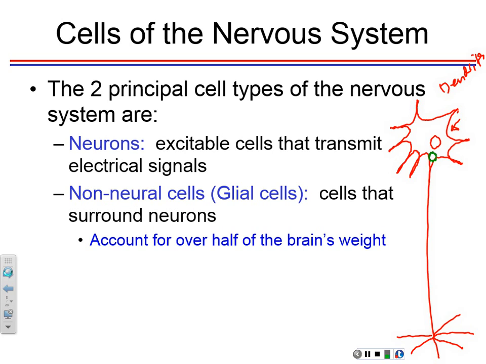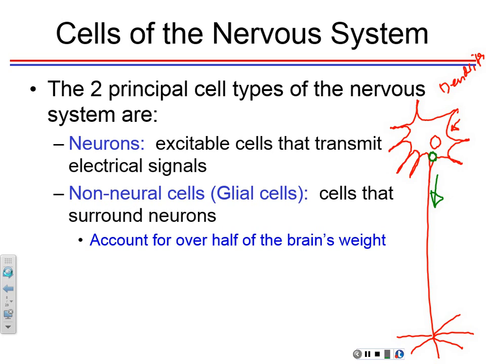Because all that information is united here, and then it's going to go to the axon, which is conducting impulses away from the cell body. It's going either to the brain if it's a sensory one, to tell the brain this is what's happening, or it's going to the muscle, and it's going to end up at the neuromuscular junction and tell it to contract after release of acetylcholine, right?